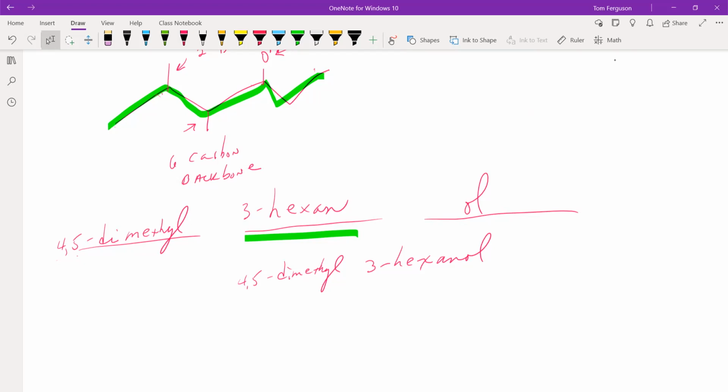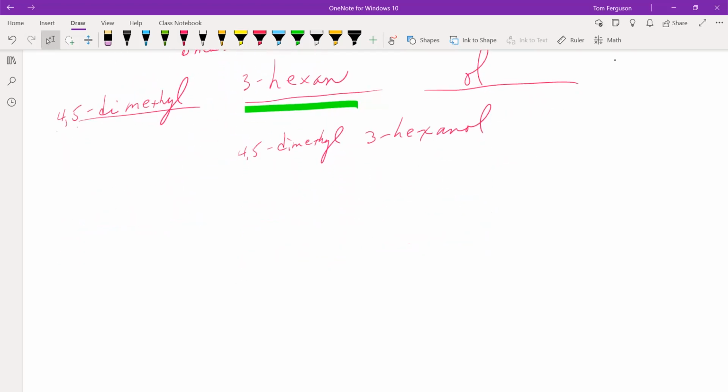Now, what they wanted me to do on this OChem review is to go over naming and drawing organic compounds. Let's do one more as an example. Let's do this one here. Okay, that's the backbone.